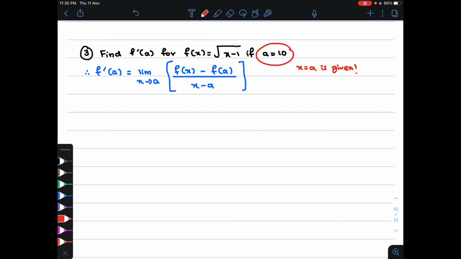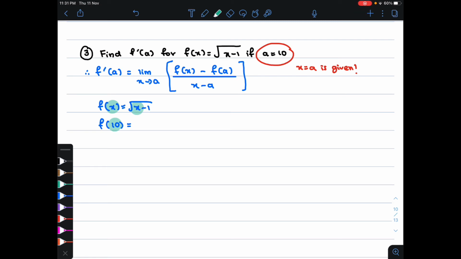So let's try another question. We are given f(x) equal to square root of (x minus 1). So we need to find f prime a when a is 10. So x equal to a is given. Therefore, straightforward, just use this formula. If this is x, this is also x.